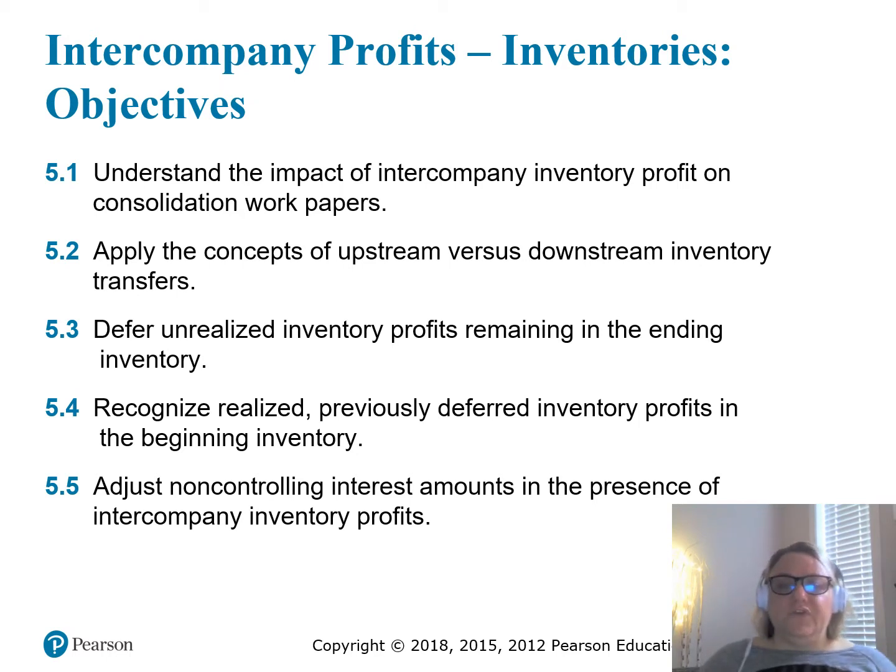We're going to defer unrealized inventory profits remaining in ending inventory, and that'll make more sense once we get in there. We're going to recognize realized and previously deferred inventory profits in the beginning inventory, and then adjust the non-controlling interest amounts. Remember that it's not necessarily 100% ownership, so we have to adjust off the part that isn't owned by the parent.